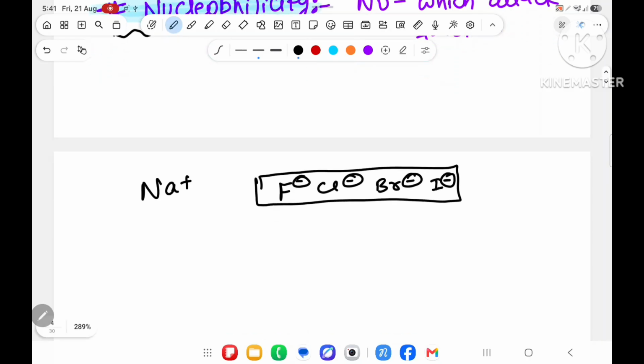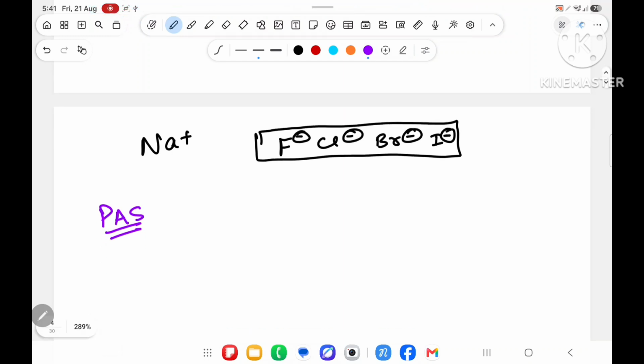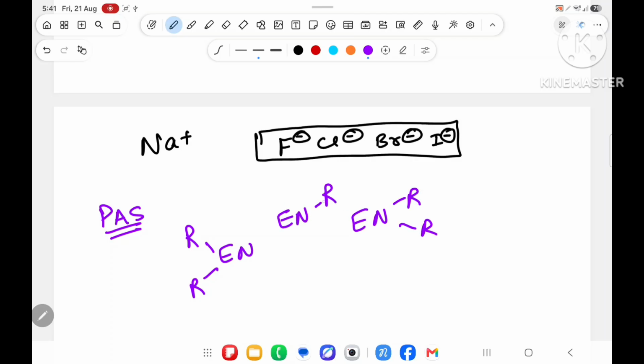I am asking, with sodium and fluorine, chlorine, bromine, iodine, if I have taken a polar aprotic solvent, tell me which will attack faster. Polar aprotic solvent means the electronegative atom has R and R, no hydrogen. The electronegative atom has something different but not hydrogen.